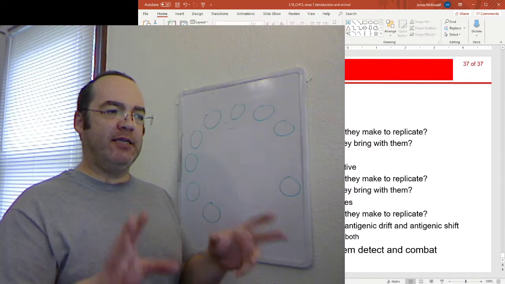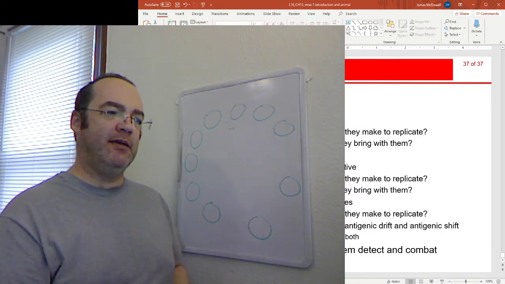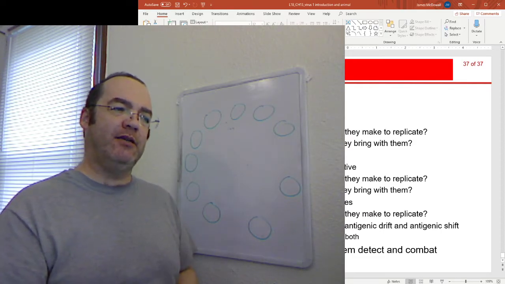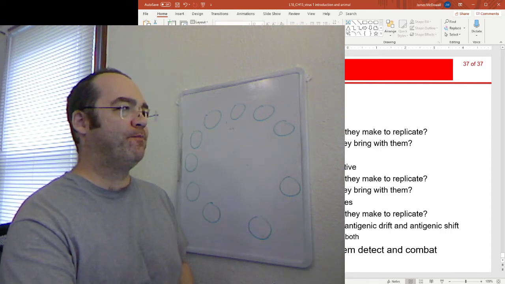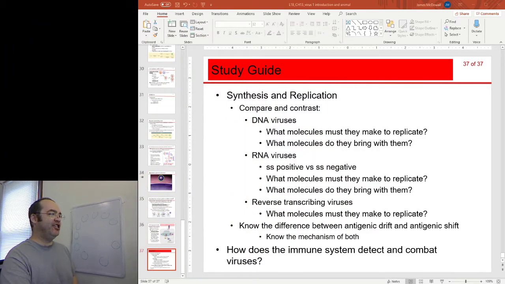Reverse transcribing viruses require this molecule called reverse transcriptase, and they do things differently. Our retroviruses insert their DNA genome, once it's made, into the host genome.